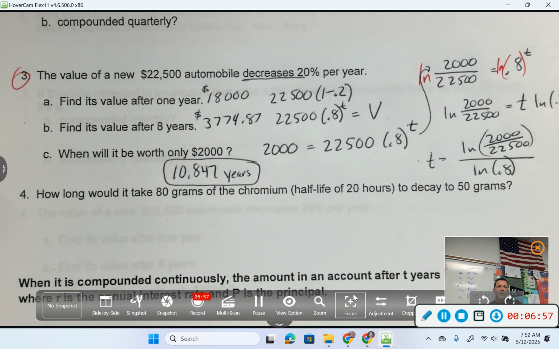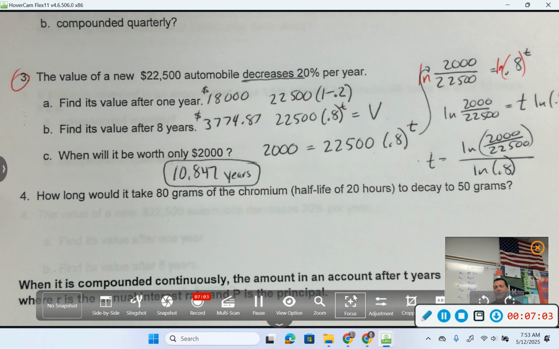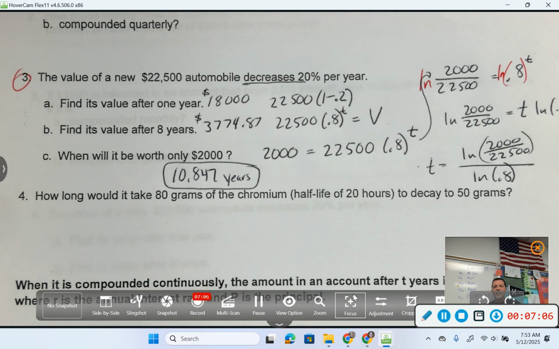That seems reasonable, right? I knew it had to be more than 8, but it's still got some value, so I'm not expecting 500 years or something crazy.